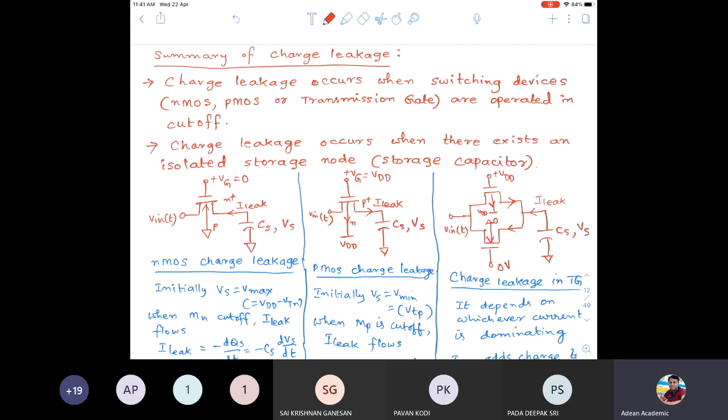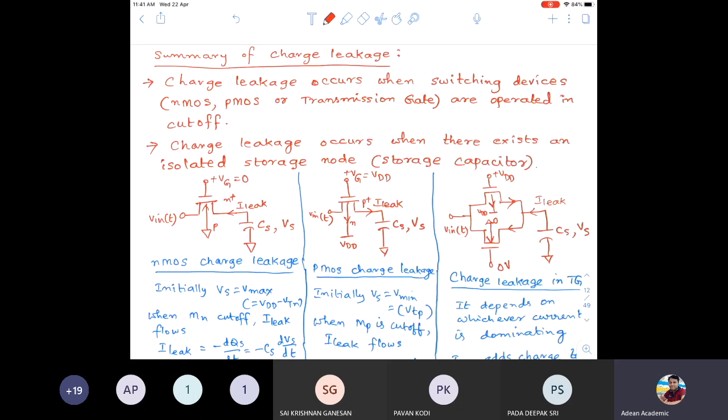And this charge leakage problem occurs only if one of these three switching devices is operated in the cutoff region. So the charge leakage is the leakage current that flows when the device is cut off. This charge leakage current is almost the reverse biased PN junction diode current.